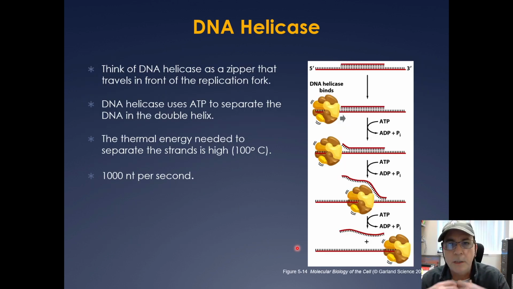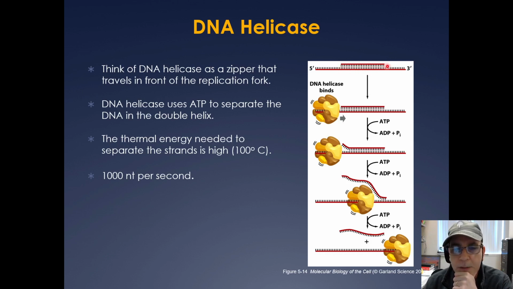Another enzyme that's really important for DNA replication is this enzyme called DNA helicase. You can sort of think of DNA helicase as the thing that's unwinding a zipper, okay? And there's a lot of energy stored in the hydrogen bonds that occur between DNA.